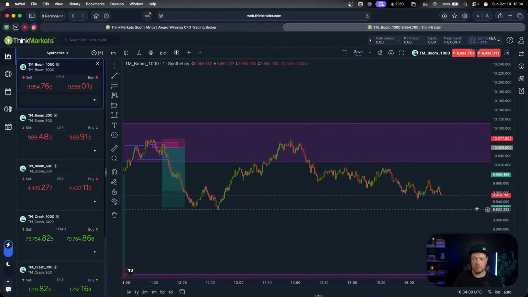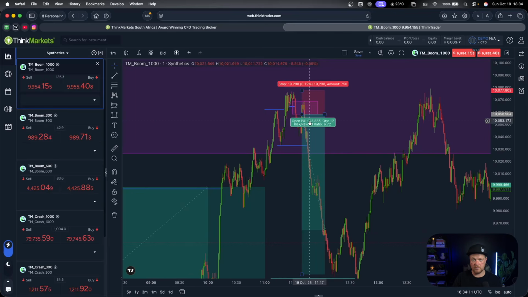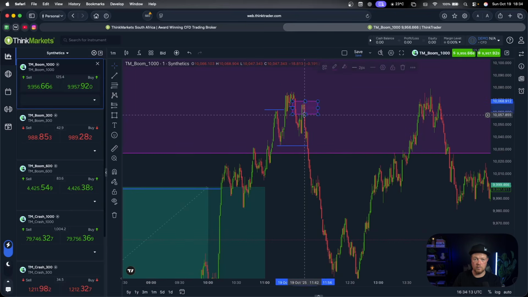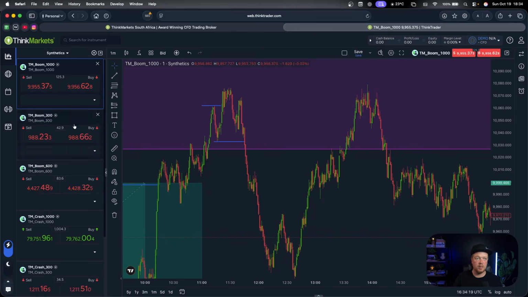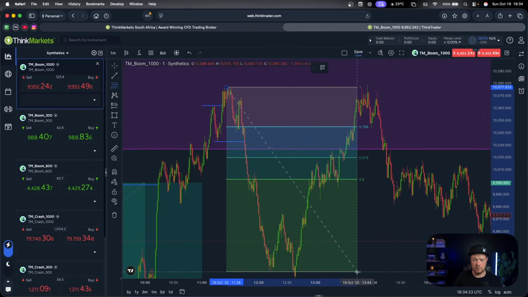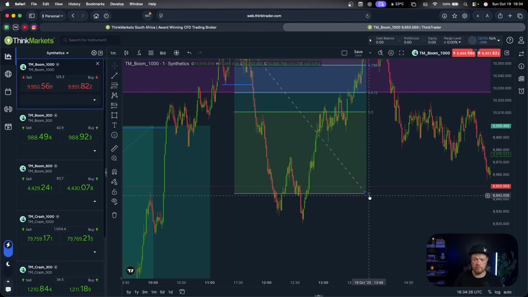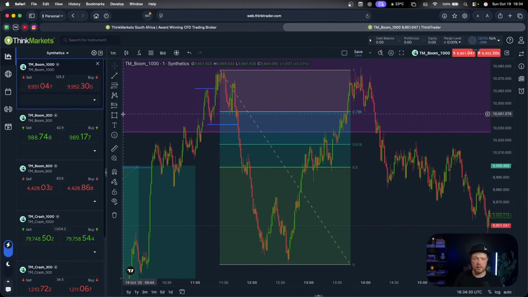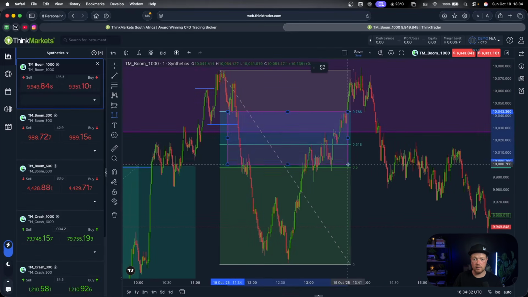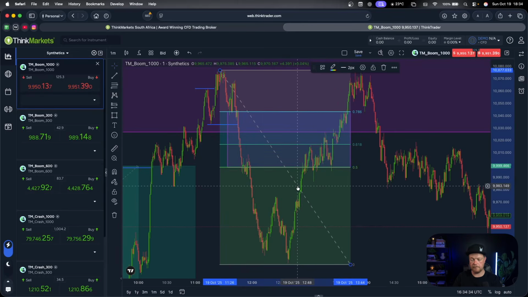So let's say you did not enter an aggressive entry like this. You want to wait. So we had our break of structure right over here, right? Now you can draw your fib from this high to this low. You can mark out your zones right over here.